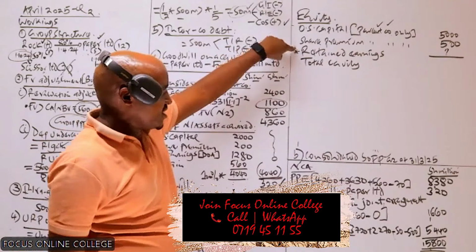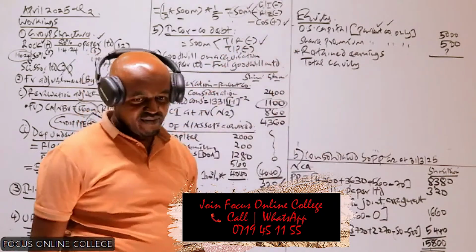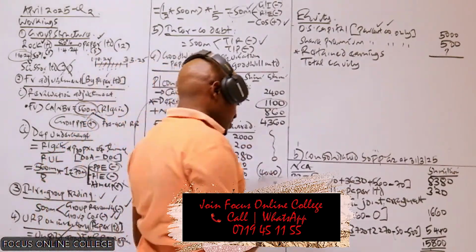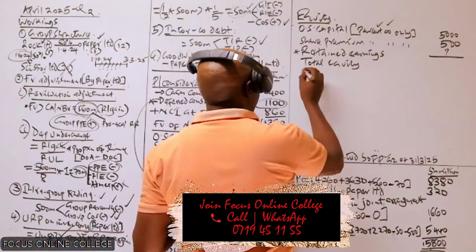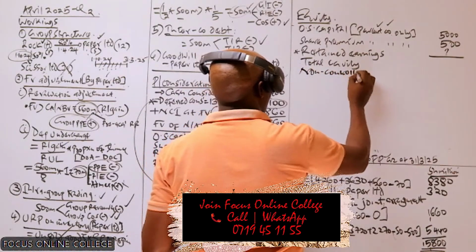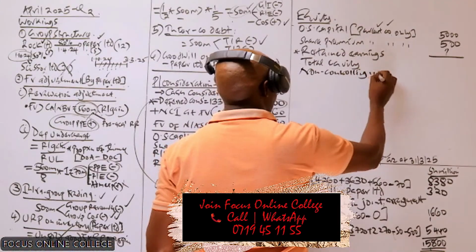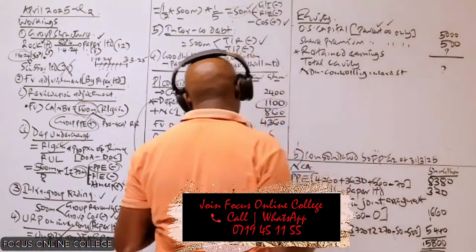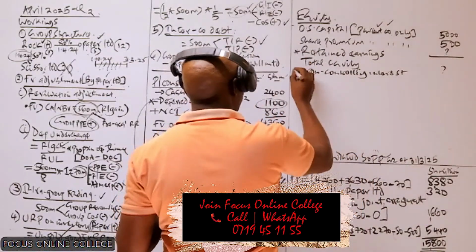They'll consume a lot of your time, and you may end up getting that figure wrong. We will compute that. Then down here, we also compute something called the non-controlling interest. I'll explain what this is in the process of computing it, but we will compute these as the last two items.